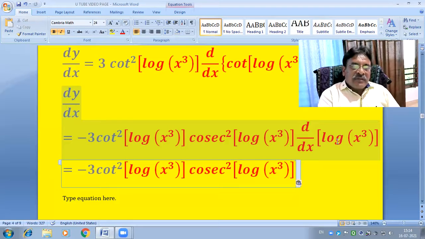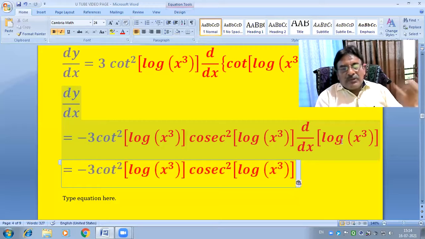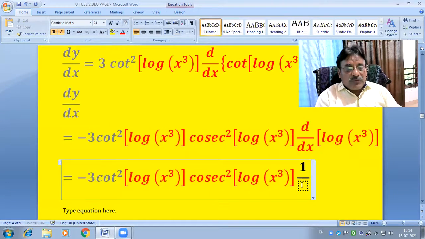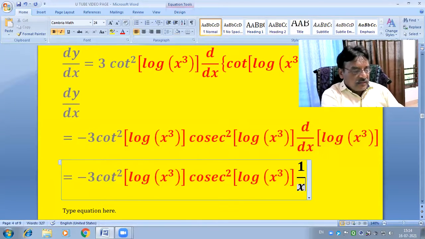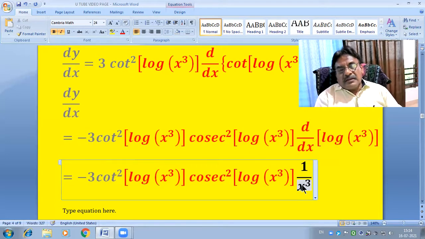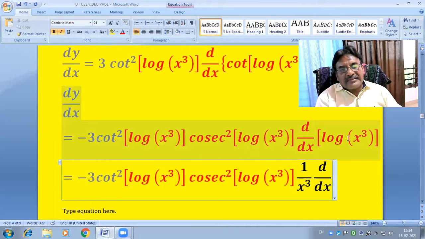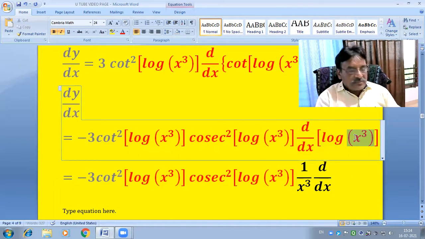So we write d/dx of log x cube by using the formula d/dx of log f(x), 1 by f(x) into f dash of x. Similarly here, 1 by x cube into d/dx of this x cube.